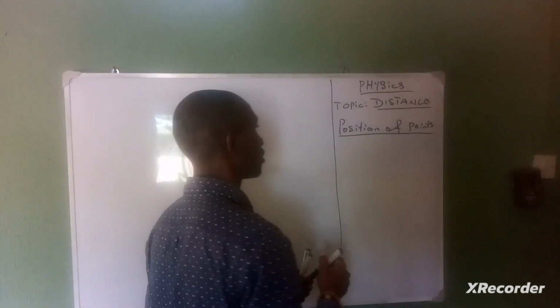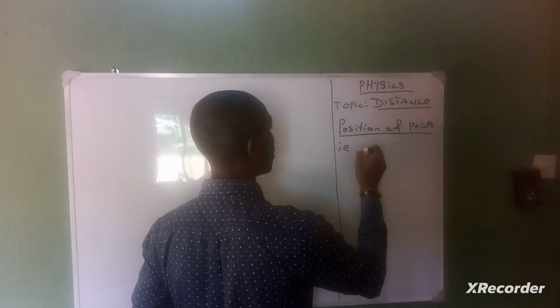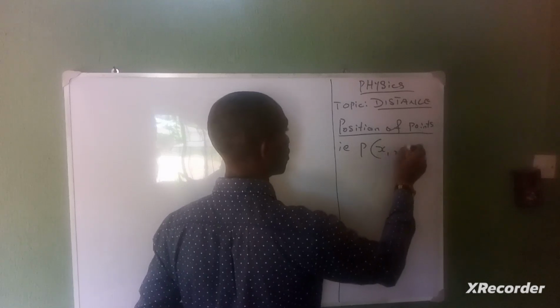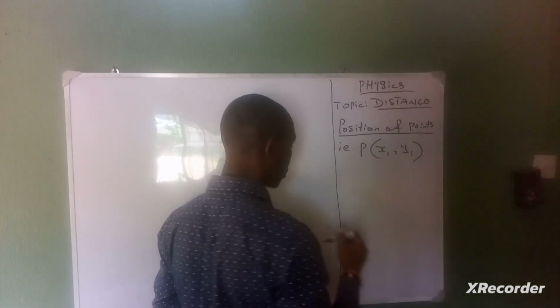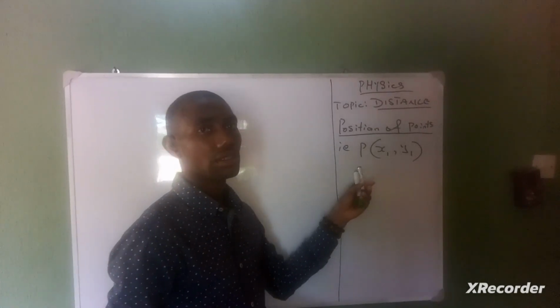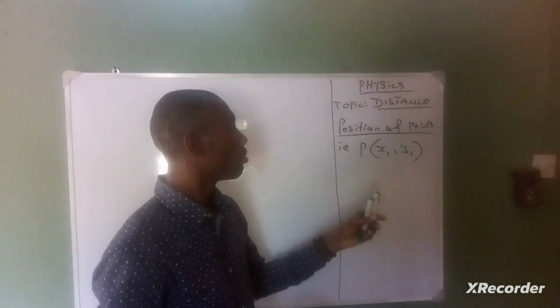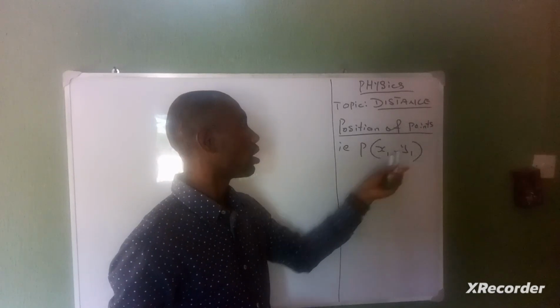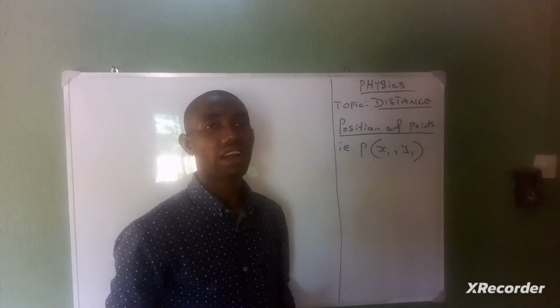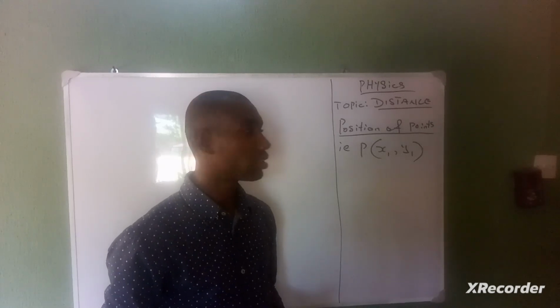For instance, if P is (x1, y1), where P is the point between x1 and y1, the point of intersection between them defines their coordinate point.